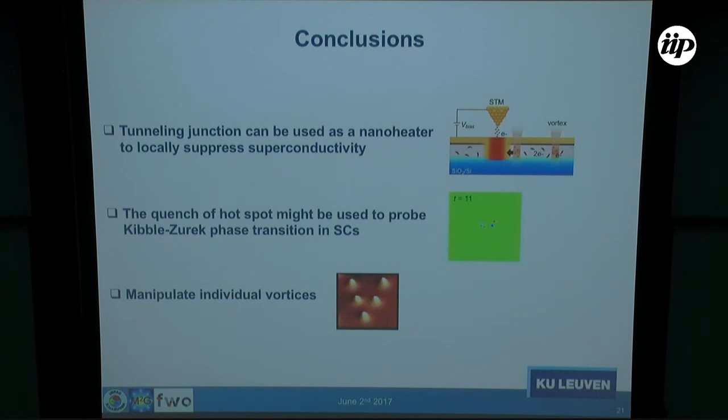This might be used to study the Kibble-Zurek phase transition in a controlled way at local positions in superconductors and many other systems. I also showed you the ability of this STM to manipulate individual vortices, which might be useful to design some fluxon-based devices.